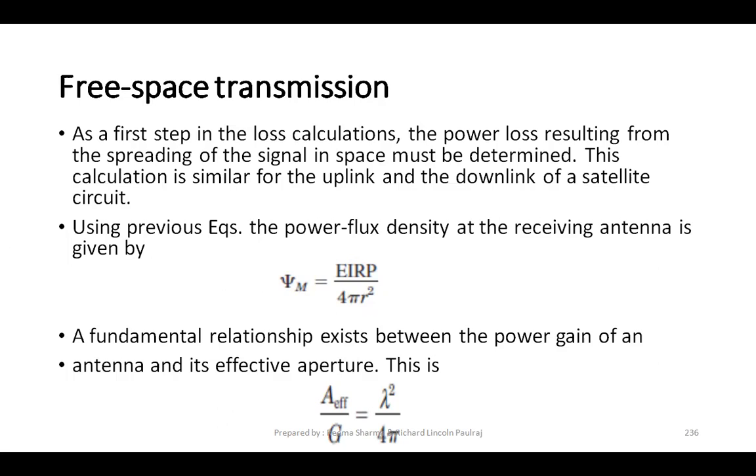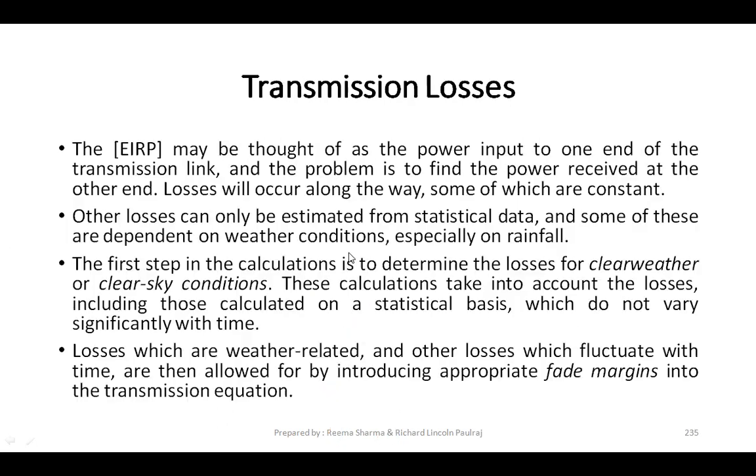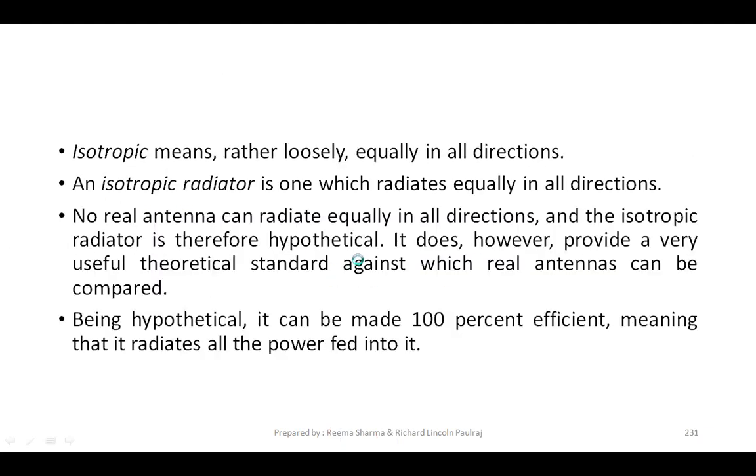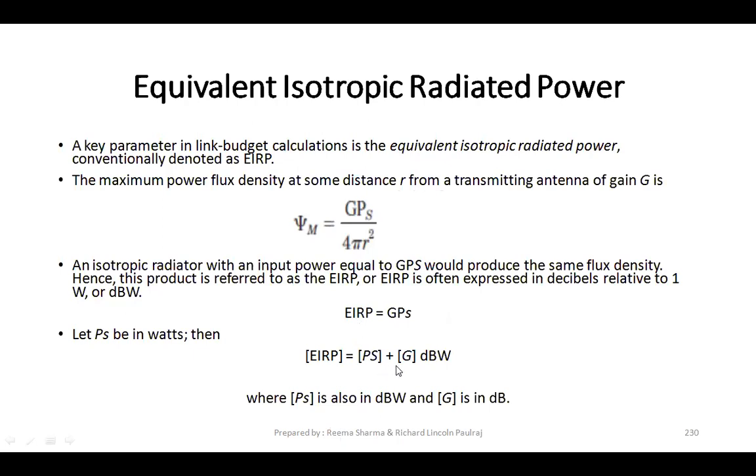For this we have psi m, which is equal to EIRP divided by 4 pi r square. EIRP, again you have to get back to our previous equations, wherein it is equal to your PS plus G. Sometimes it's also referred to as G into PS.